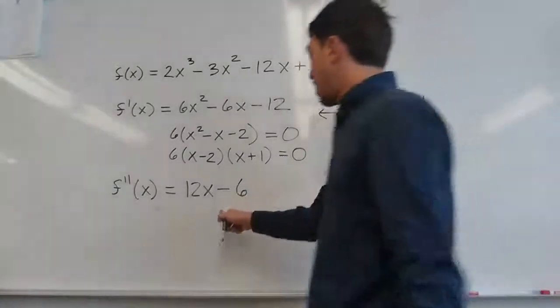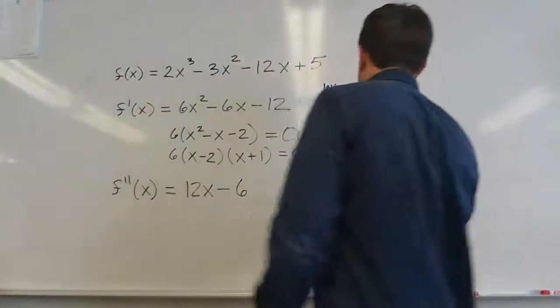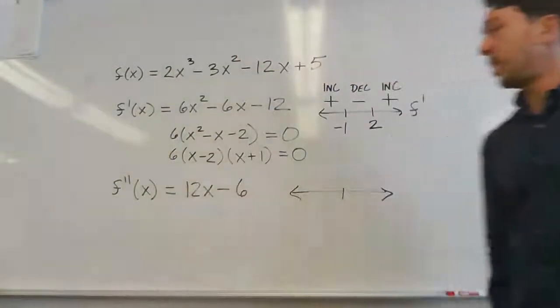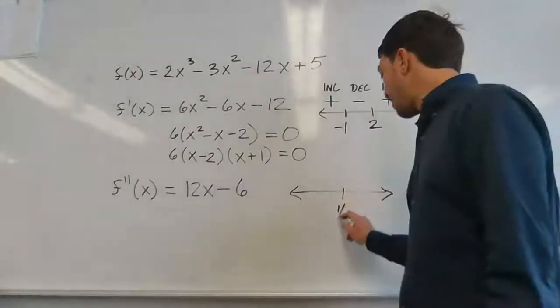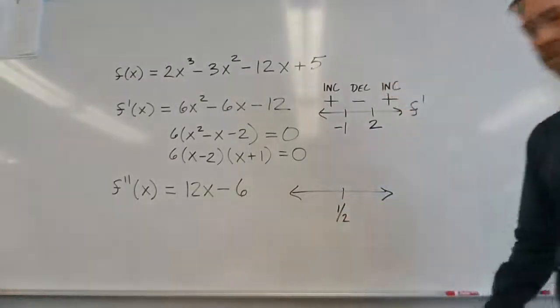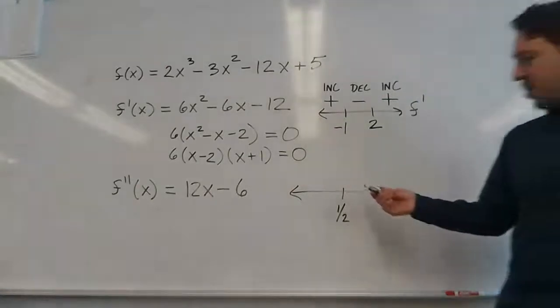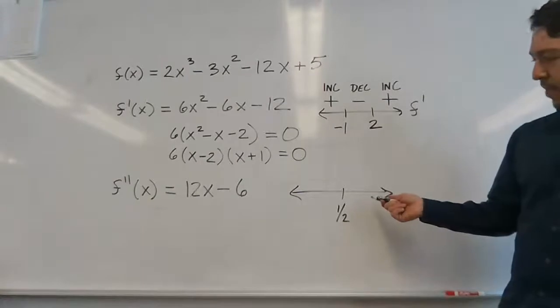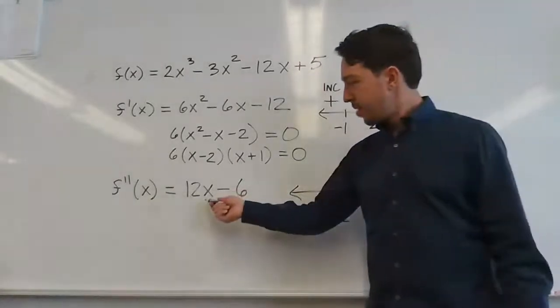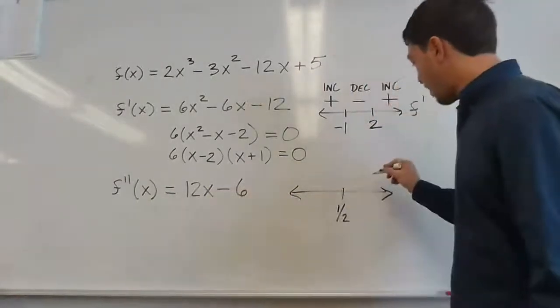All right, this guy, what is the x value that makes this be 0? 1/2. Right? If I plug in a number bigger than 1/2, like say 7 million, I'd have a huge number minus 6, which is a positive.